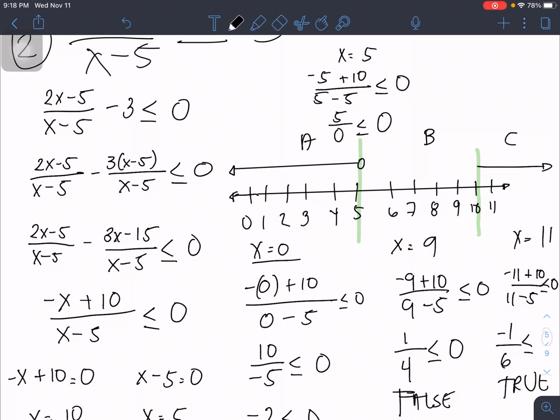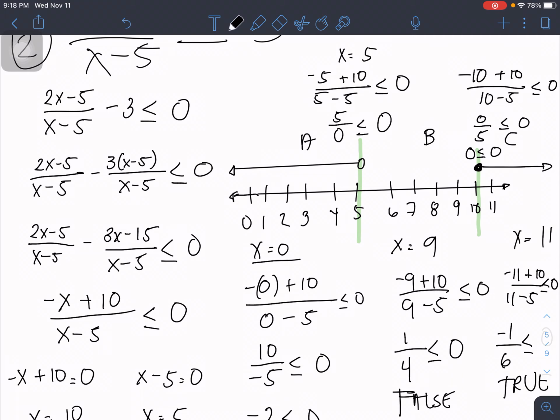And at 10, 0 is actually equal to 0. So we should include 10 in this set of values.